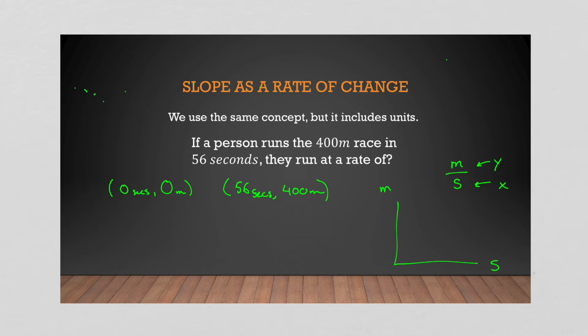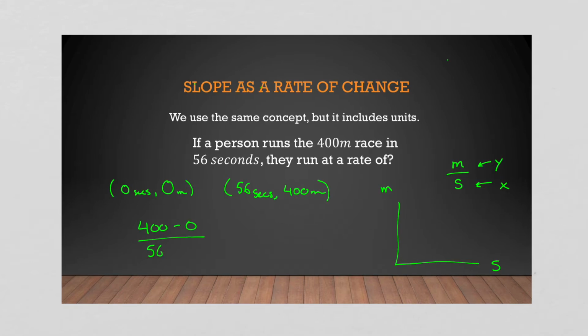Now, when you're starting at a 0-0 scenario, it's just a simple division question, because what we get is 400 minus 0 over 56 minus 0. So we get 400 meters over 56 seconds. And the units are going to tell us what we want. We want meters per second, so that's what we're staring at.